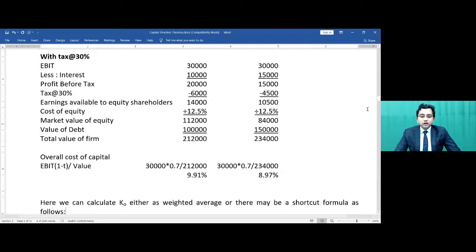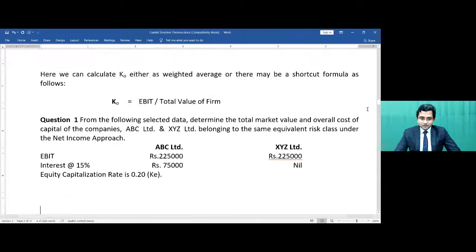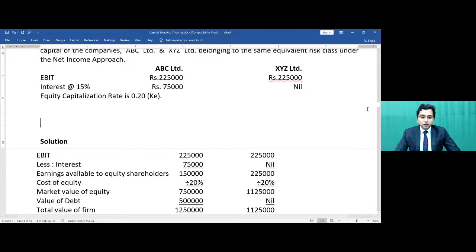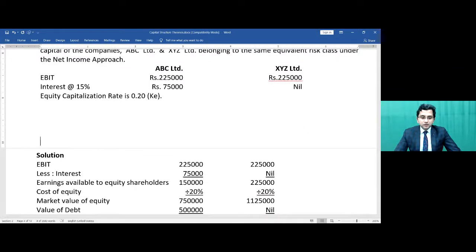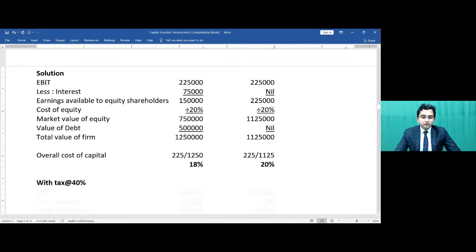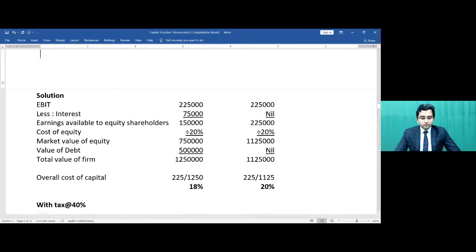So now it's your turn. Question solved. This time you assume income tax at the rate of 40%. Solution is in front of you. Use examples for clarity. So we are solving examples only. What other example do you need?